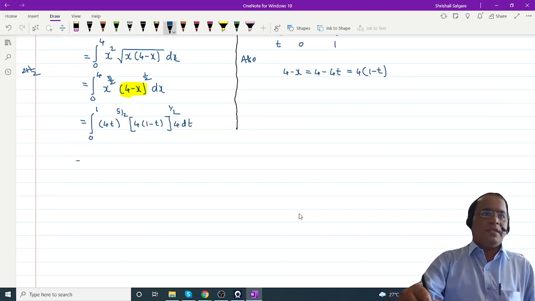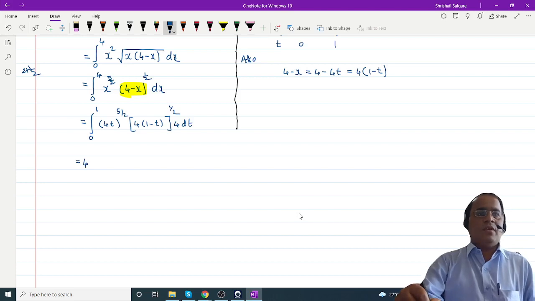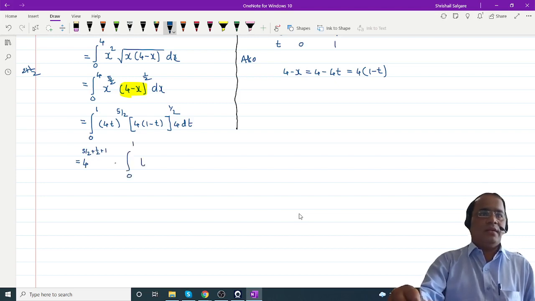Now from this all together I will take 4 as common. First power is 5 by 2, second power is 1 by 2 plus 1, into integral 0 to 1 t raised to 5 by 2 into 1 minus t raised to 1 by 2 dt.